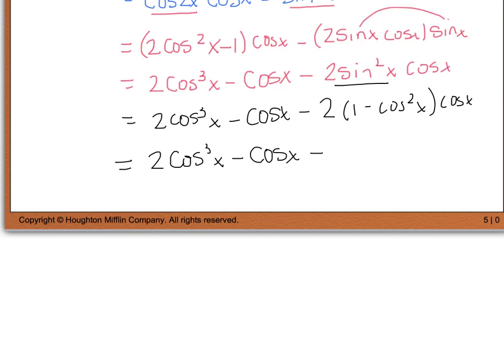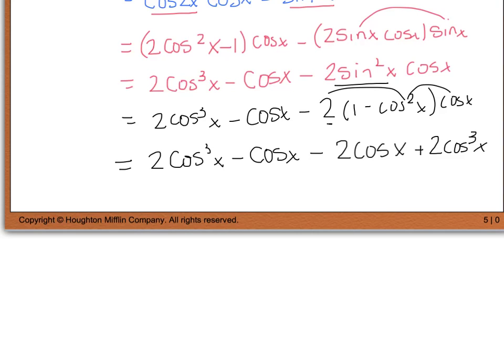Now I'm going to be actually distributing this 2 and the cosine at the same time. So this is going to give us 2 cosine x, and I have minus in here, and I'm multiplying by this negative 2 right here. So I really have plus 2 cosine cubed x, and that's because of this and this.